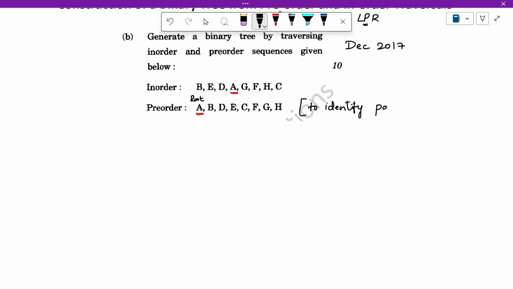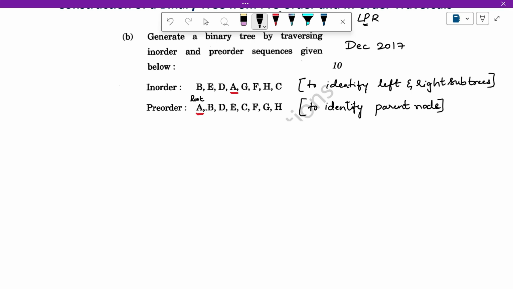Parent node in the sense of the root node, and then the parent nodes of the left subtree and right subtree. And inorder is used to identify the left and right subtrees of each of the identified parent nodes.